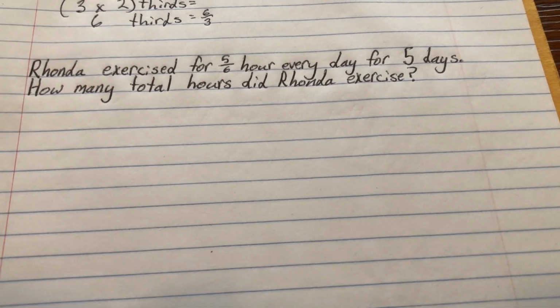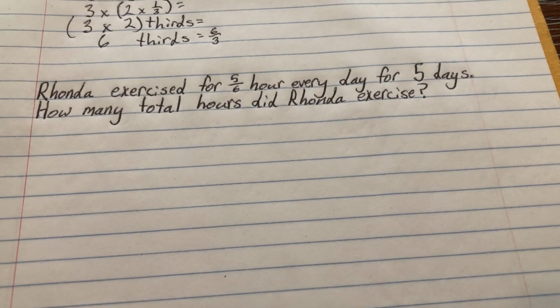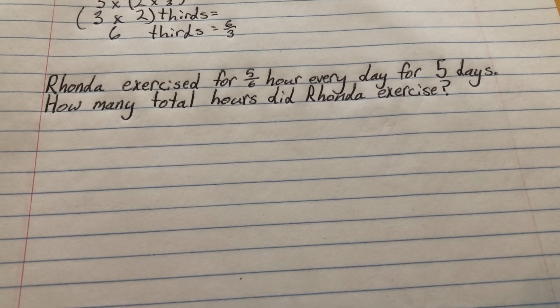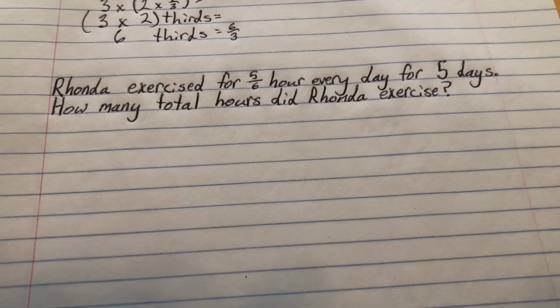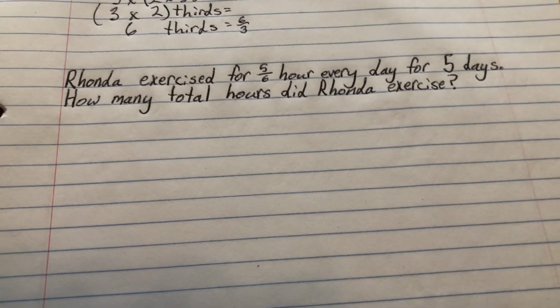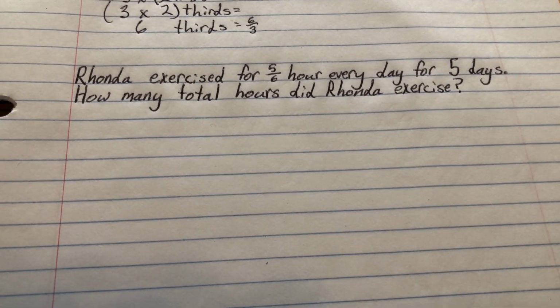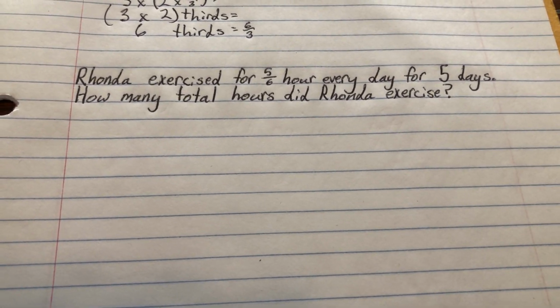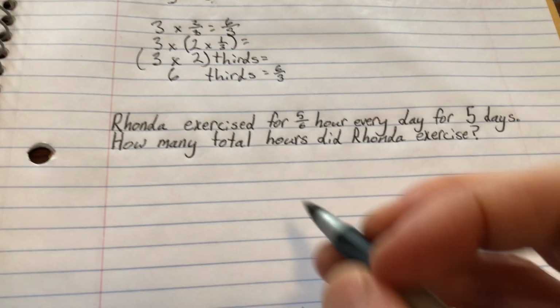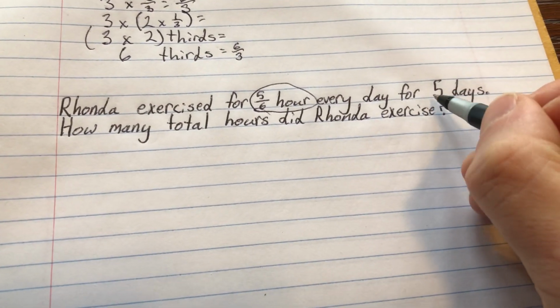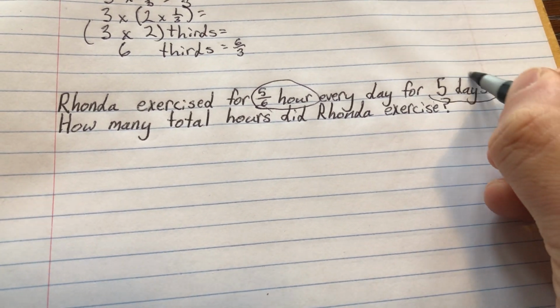So Zearn is awesome because it does a really good job of making sure that you know what it is that you're looking for. So again, when you look at a word problem, you want to circle the numbers and the units. So we've got 5/6 hours, and we've got 5 days.